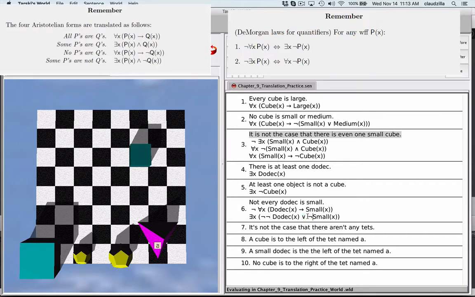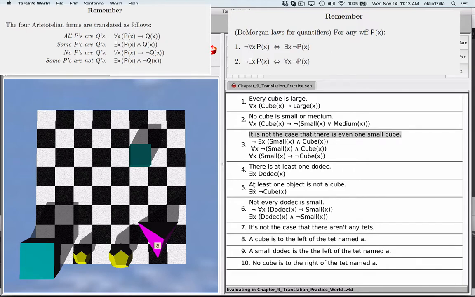So we have a negation on each side of the connective that becomes the conjunction. And then these two negations on the left side of the conjunction, that is on the left conjunct, are eliminated. So we get there is something, or there is at least one thing that is a dodeck but not small. So you see the equivalence now to the standard existential translation.